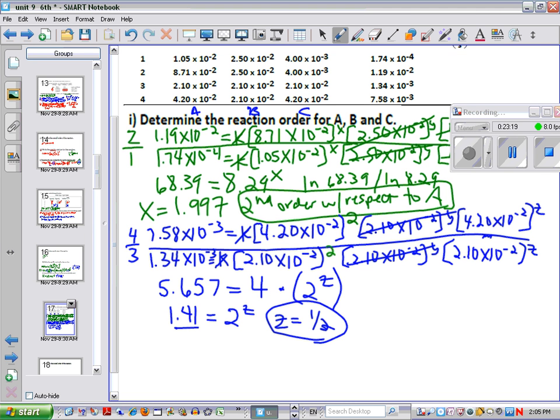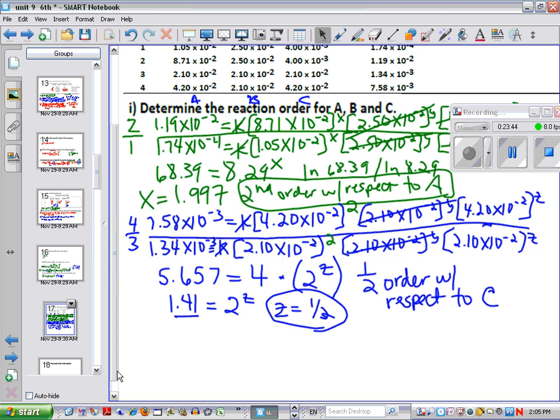It's going to be a proportion to a previous step in the mechanism, and you're going to learn it later. So just accept fractional coefficients right now. You'll learn it when we get back from Christmas, okay? So this is half order with respect to which one? With respect to C. Okay, the fun continues.